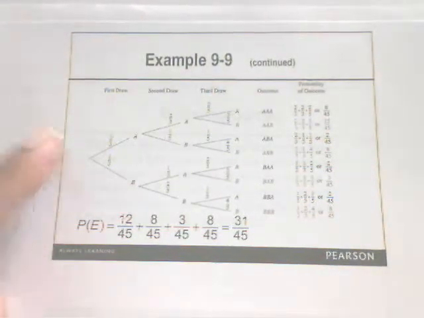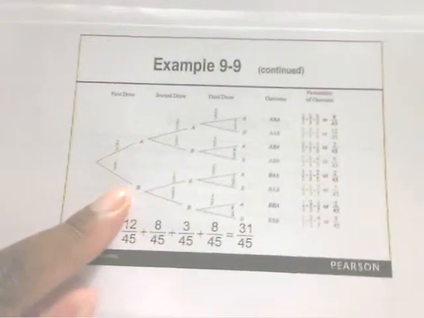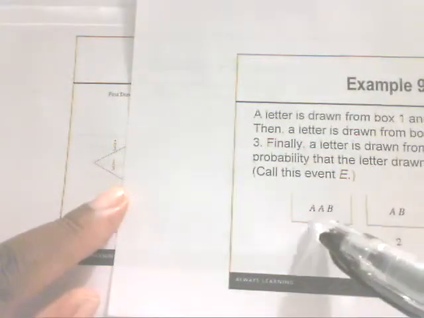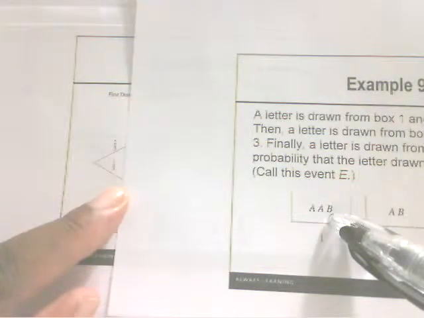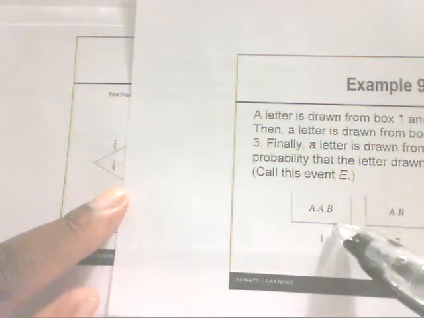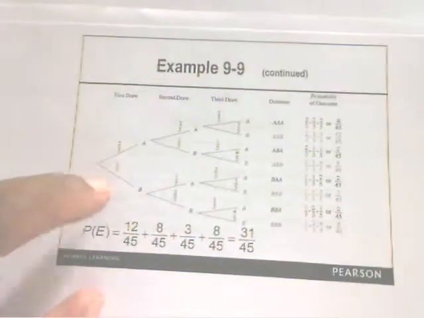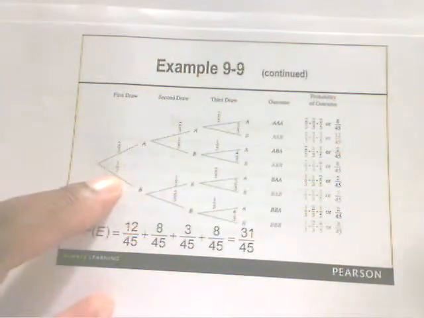So here on the first draw, it's either going to be A or B. Now notice you have 2 A's and 1 B in that first box. So the probability of drawing an A would be 2/3, and the probability of drawing a B would be 1/3.